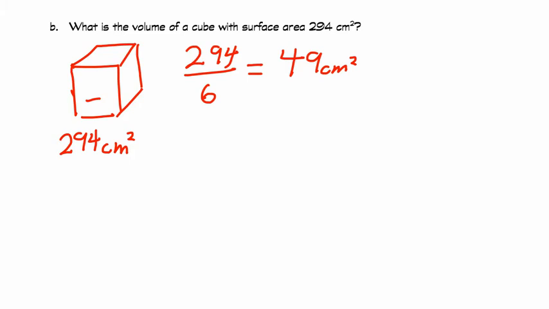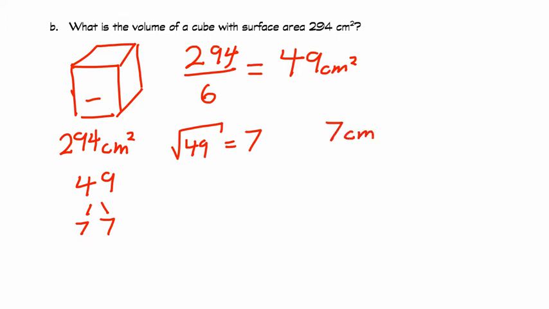So what do we do with this number? Now, we break it down into its prime factorization, which gives us 7 times 7. So the square root of 49 is equal to 7. So the side length of this cube is 7 centimeters.